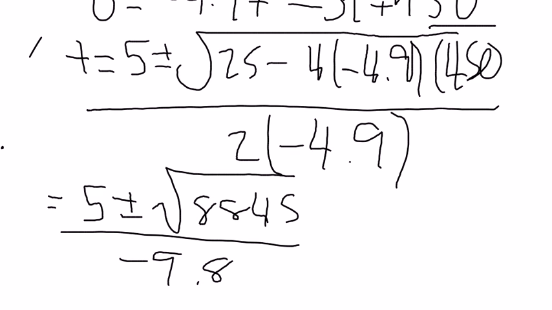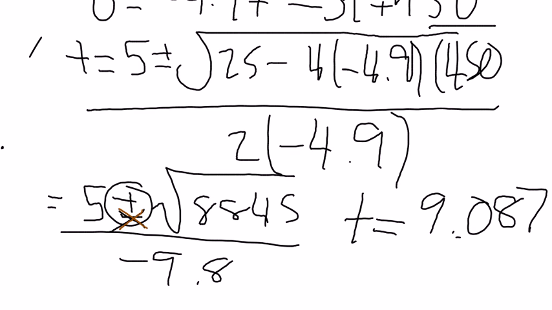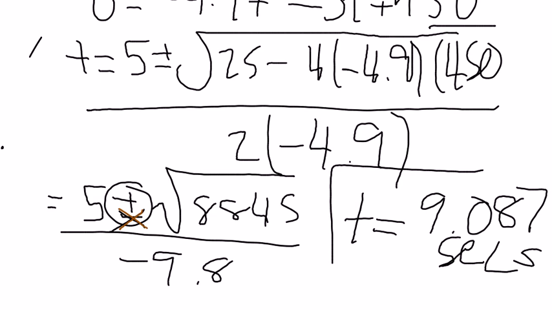And so time can't be negative, so we can only do 5 plus, so we have to cross out the minus. And so multiply that out, t is equal to 9.087 seconds. And that's it for number 41 after 10 minutes and 20 seconds.